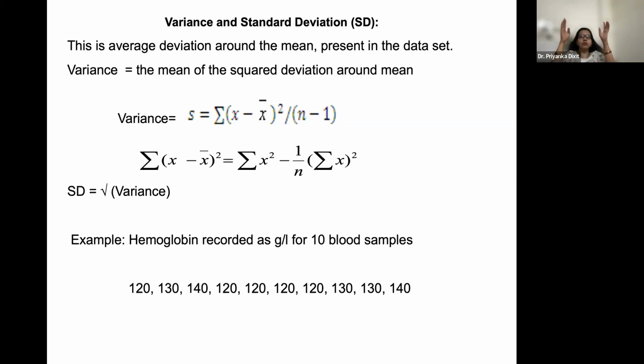So when we add them, the positive and negative values cancel out, and we will not be able to measure how far the different x values are from the mean. That's why we ignore the sign using the modulus operation or the square term. The square term is preferred over the modulus in mathematics, so standard deviation and variance are considered better indicators than the mean deviation.